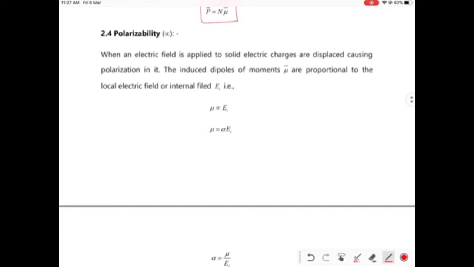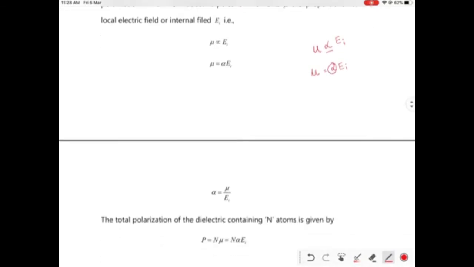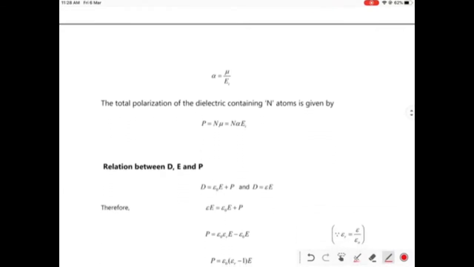Then mu is directly proportional to EI. Mu is equal to alpha into EI, where alpha is a polarizability constant. That means alpha is equal to mu by E, where mu is called the dipole moment and E is the applied electric field. Therefore, alpha is equal to mu by E.